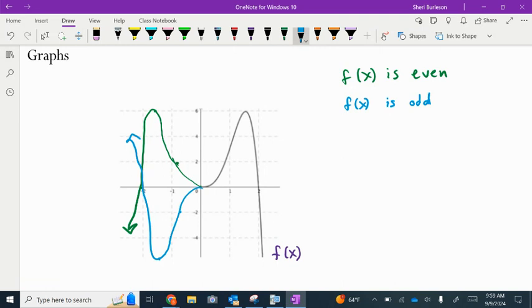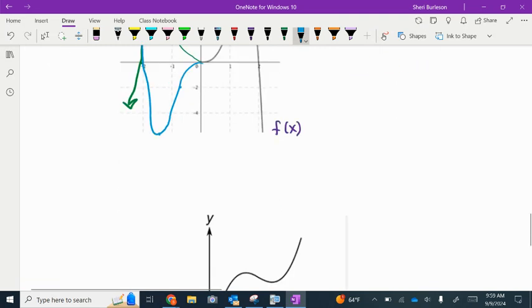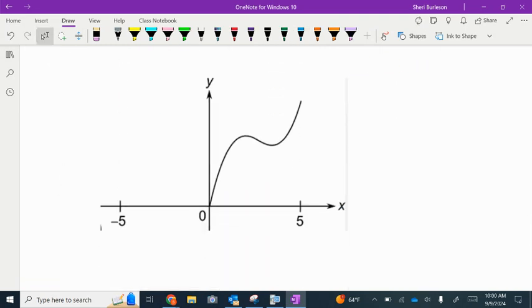Origin symmetry. Rotate it 180 degrees, right? Anyone still getting it? Which one do you want?